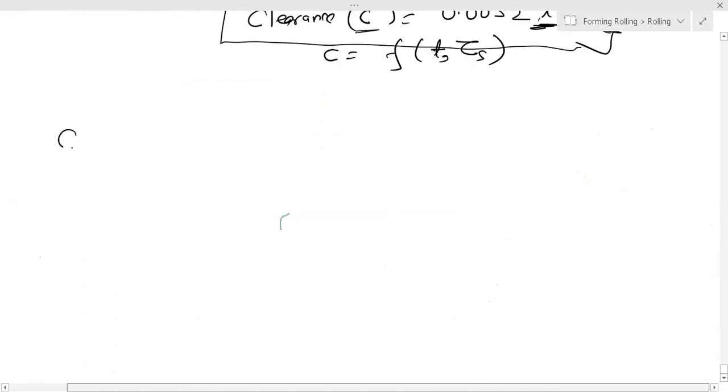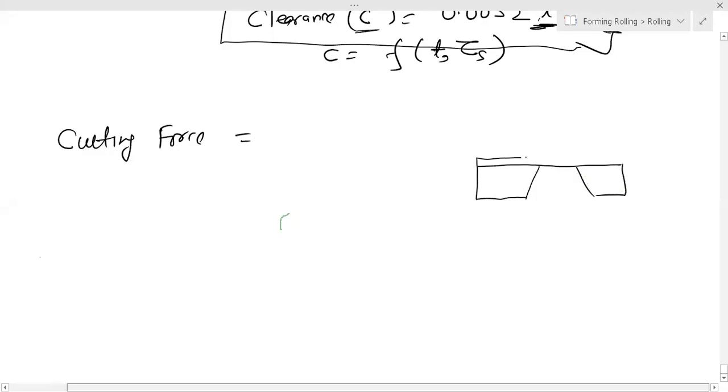Now, cutting force. So you have a punch. You are applying a force F here, and this is your resisting area.